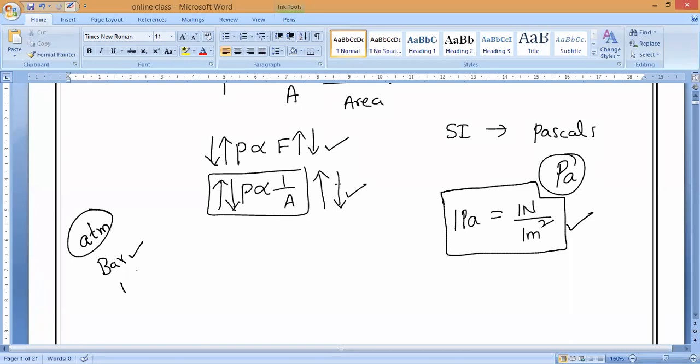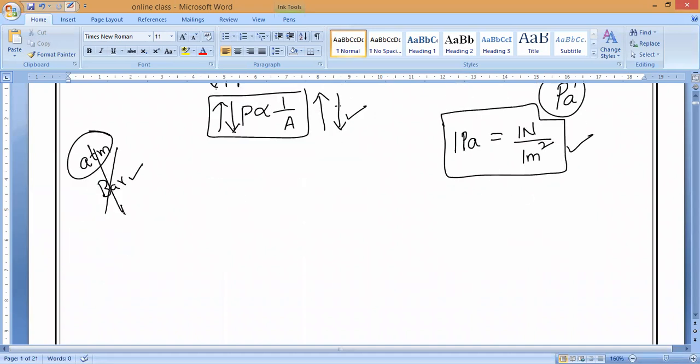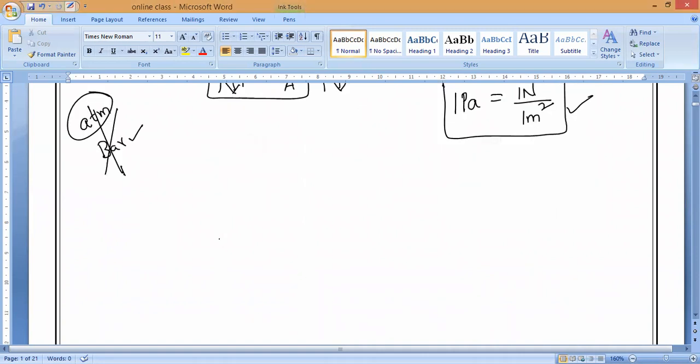Now in today's class, the next concept is, before going to study fluid pressure, we want to study a few things. That is the applications of pressure. See, even other units, if you want, you can note them down.